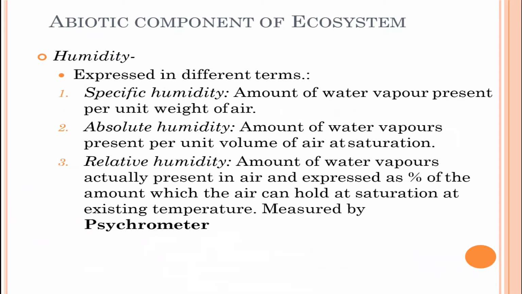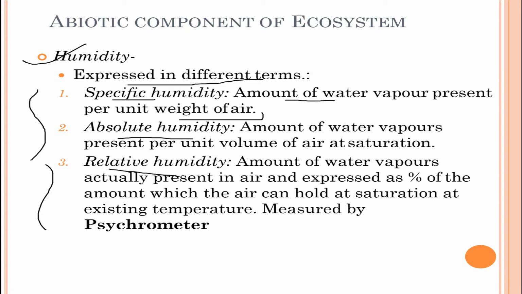Talking about humidity, it is expressed in different terms. It can be expressed in three terms, as you can see: the specific humidity, absolute humidity, and relative humidity. The specific humidity is the amount of water vapor present per unit weight of air. Absolute humidity is the amount of water vapor present per unit volume of air.